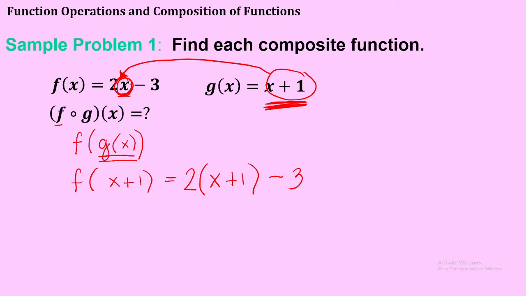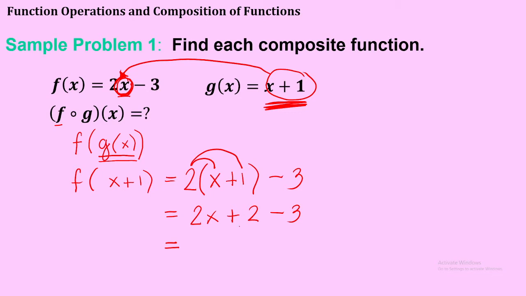Okay, now let's continue. What I will do now is distribute. So we will have 2x, then distribute this over here, plus 2, minus 3. Then you look for terms that can be combined. Which ones can we combine?